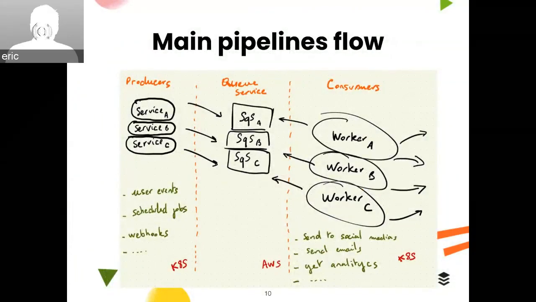Okay, I wanted to talk about one of our main pipeline flows. This basically represents maybe 50% of our cluster. It's a producer-consumer pattern. We have many events from users, from webhooks, from scheduled jobs, from cron jobs, that send information to some queue.